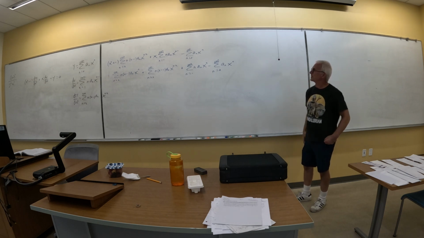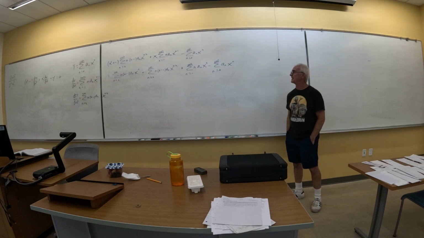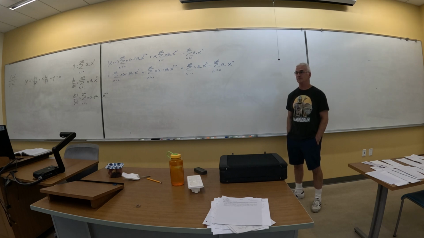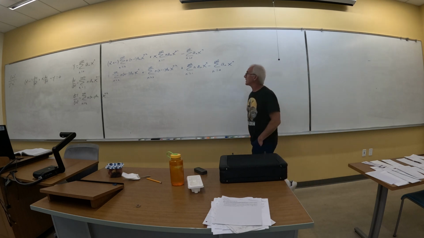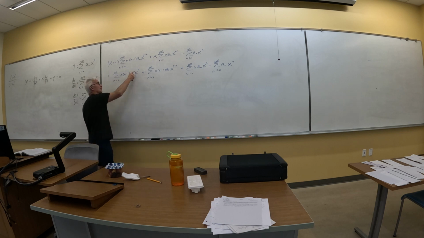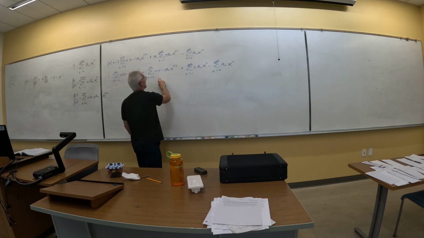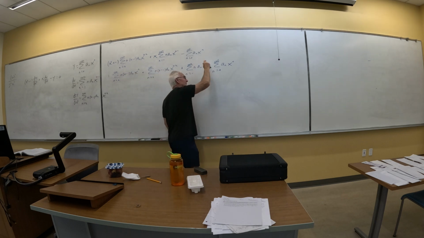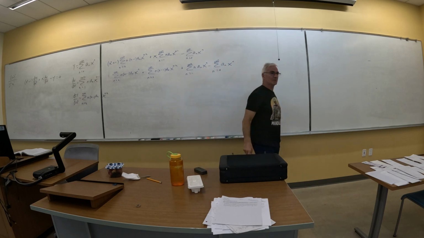Now, the first, third, and fourth all have an x to the n, but they start at different places. The very first term here is going to be an x squared, isn't it? Yes. The very first term here is going to be a constant. The very first term here is going to be x to the first, and the very first term here is going to be a constant also.